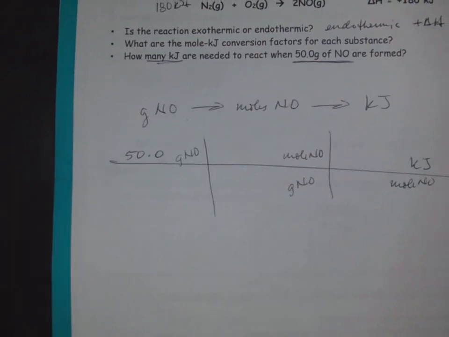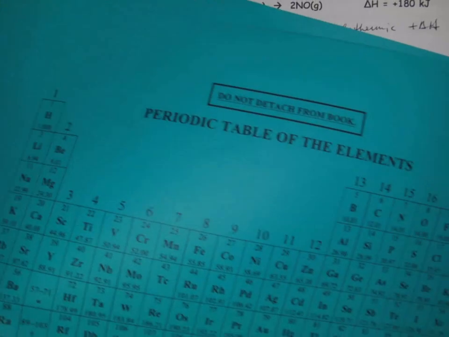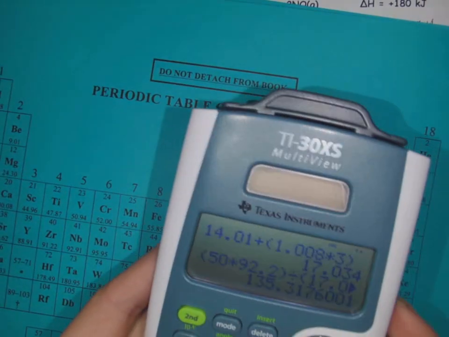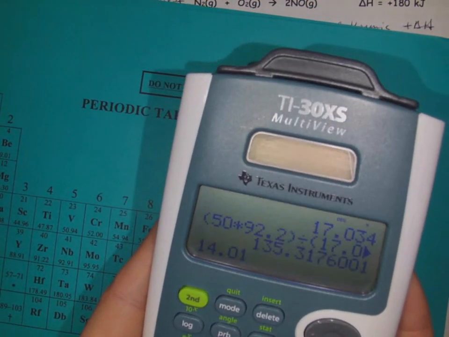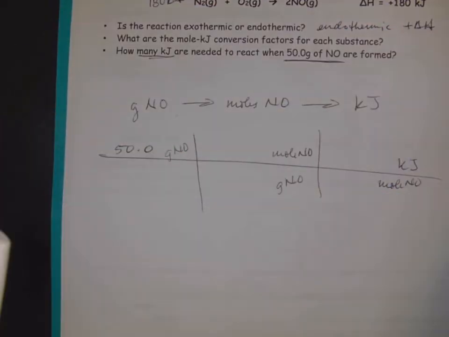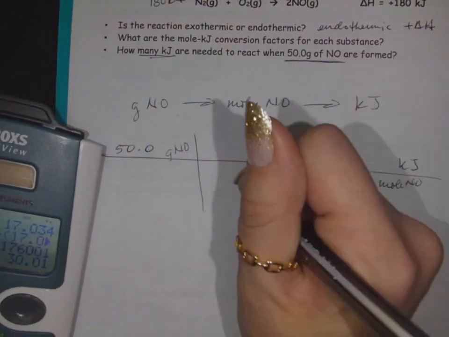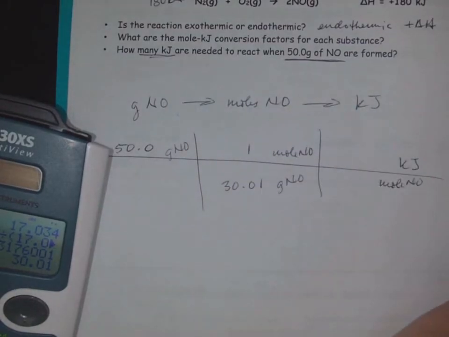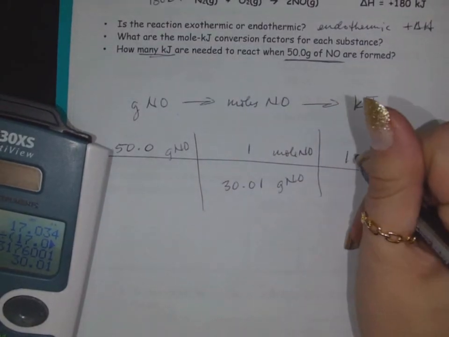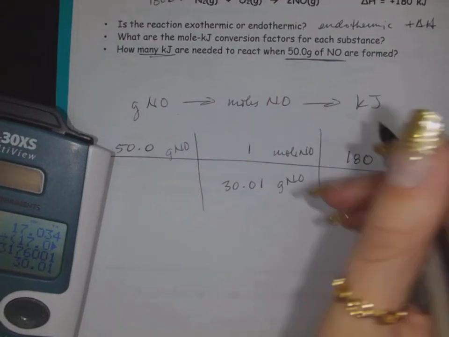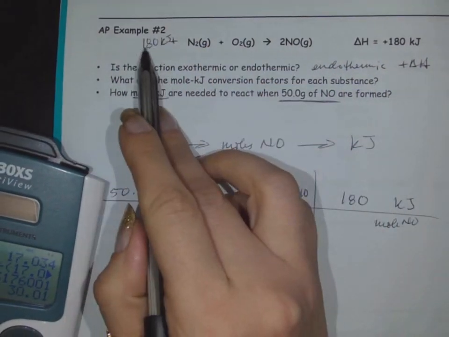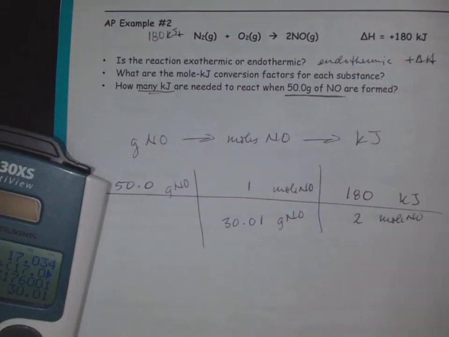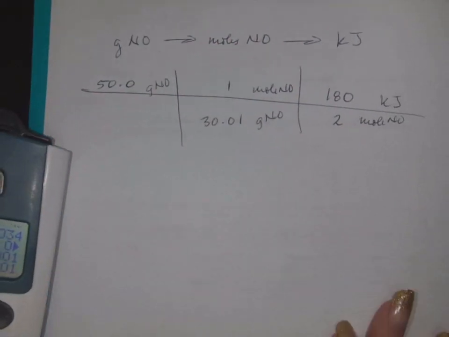Grams over moles, molar mass, or moles over grams. 1 nitrogen and 1 oxygen. So 14.01 plus 16.00. And we are getting 30.01 grams per mole, and then we have 180 kilojoules that are consumed. 180 kilojoules are consumed to produce 2 moles of nitrogen monoxide.